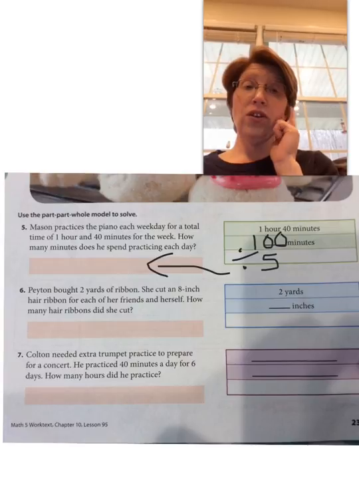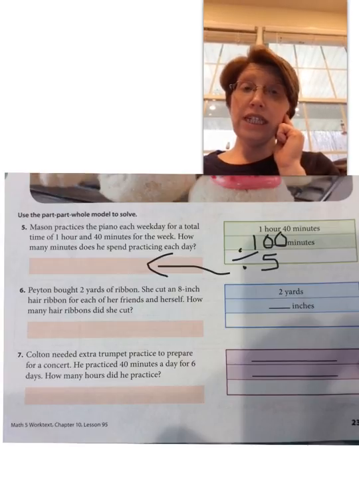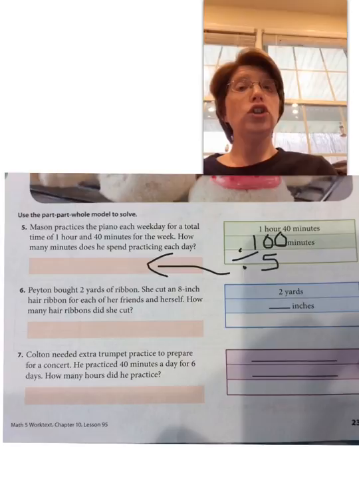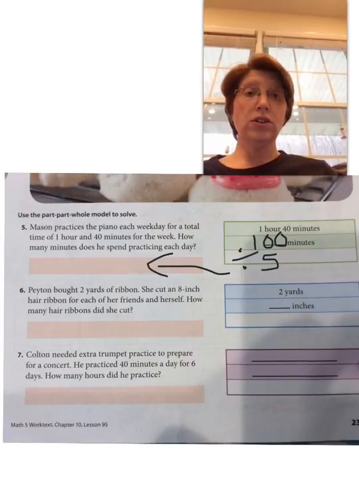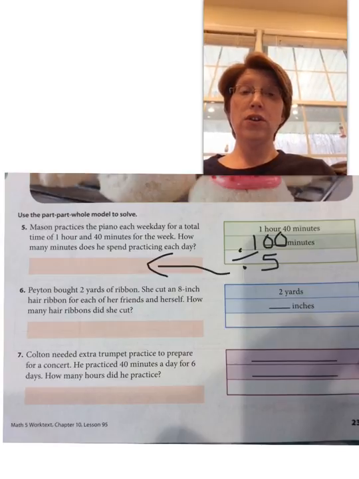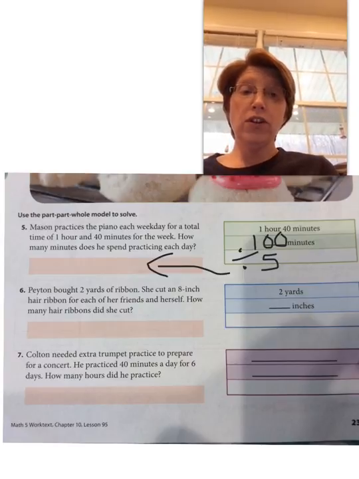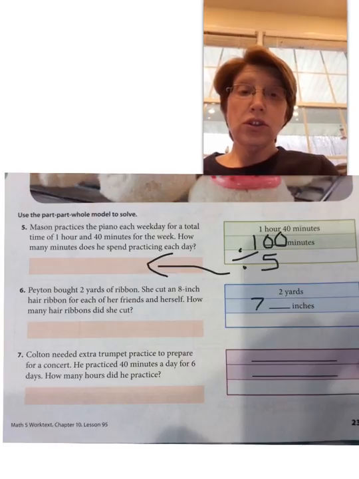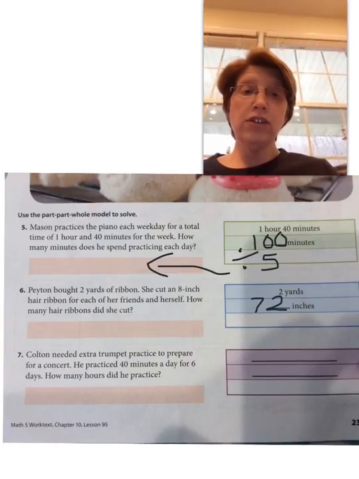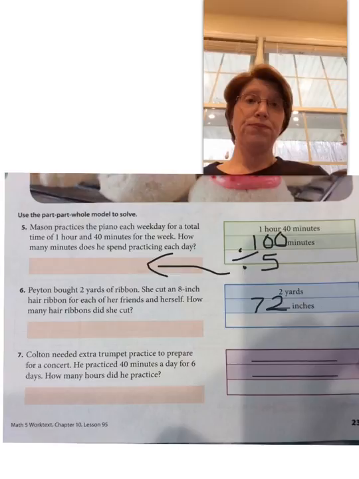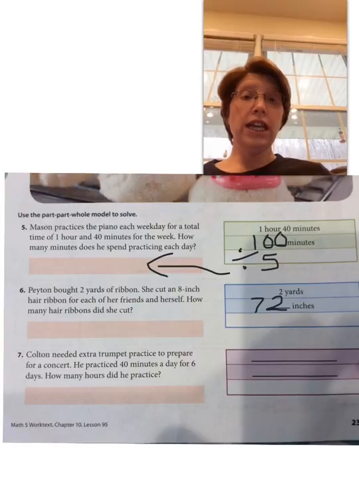There, 36. 36 inches in a yard. So if we have 2 yards, we need 2 36s, which you should be writing there, which would give you how many inches? 2 36s would give you 72 inches. Now, that's how many inches she started with. She's going to cut it into what?